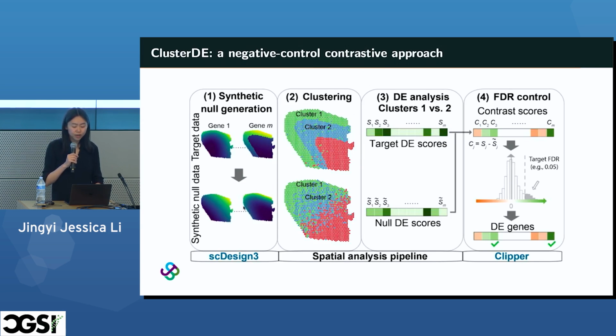The bottom row is your in silico negative control data analysis. What we aim to do is that if we want to identify domain markers, we will make the synthetic negative control data to have no particular domains. So the gene expression change pattern is similar to real data, but there are no clear boundaries. Everything becomes smooth.